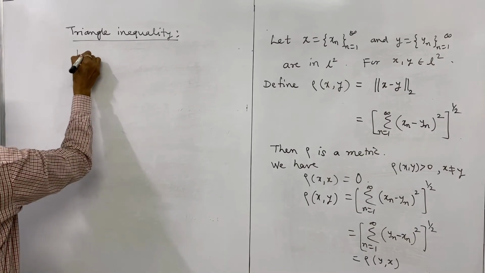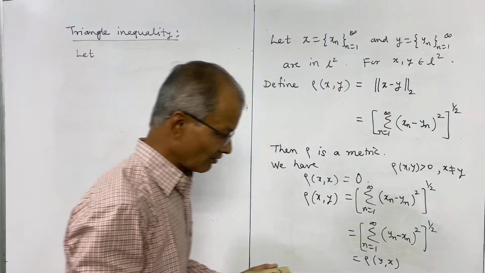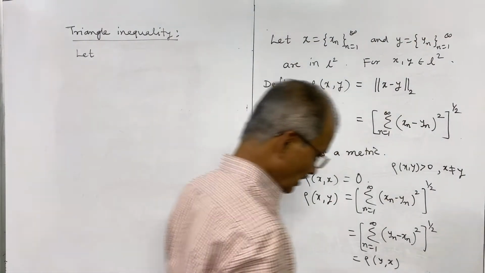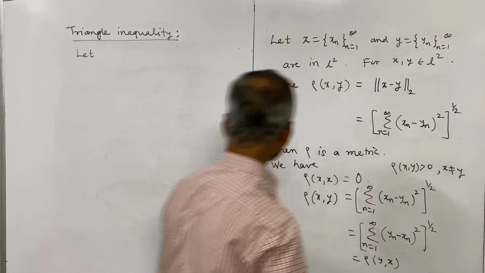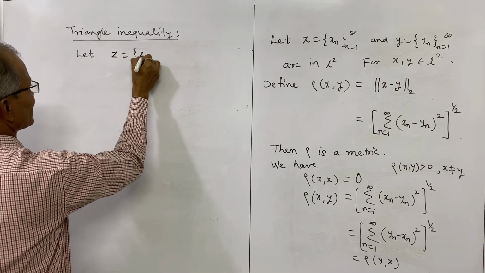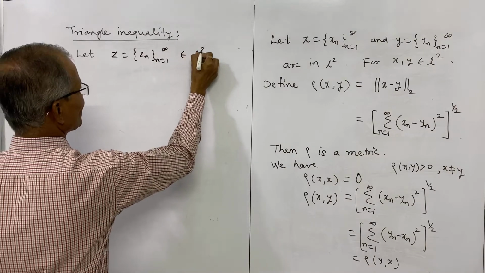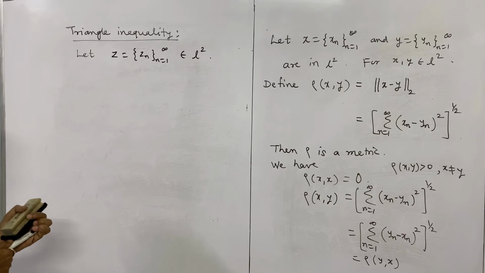Let us take another sequence, besides x and y we have considered here, a sequence z, where z is equal to zn belongs to L2. Now we will have to show the triangle inequality.